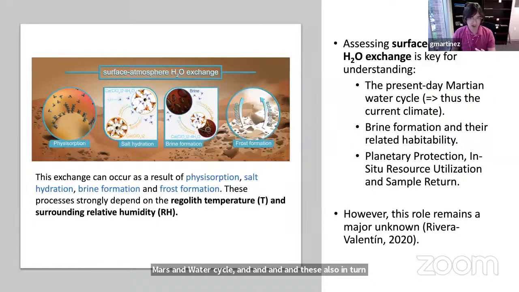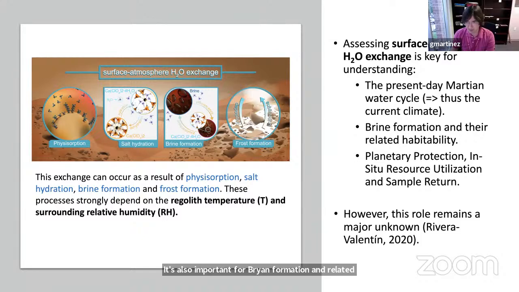As an example, imagine if we knew better the amount of water vapor at the surface, this could better inform us of the stability of near surface water ice. And this is just an example of how this knowledge can impact the present water cycle and the current climate. It's also important for brine formation and related habitability.